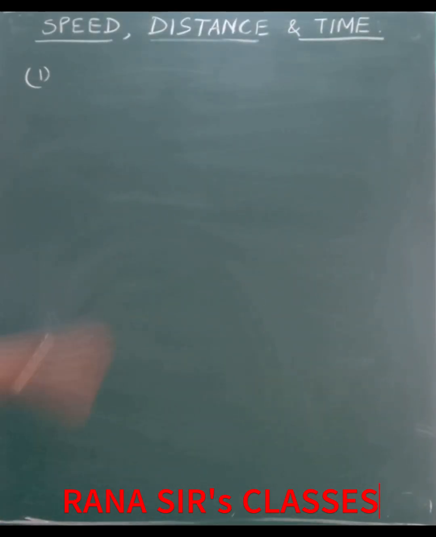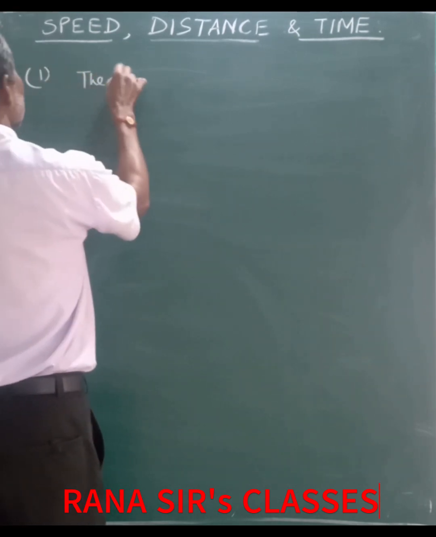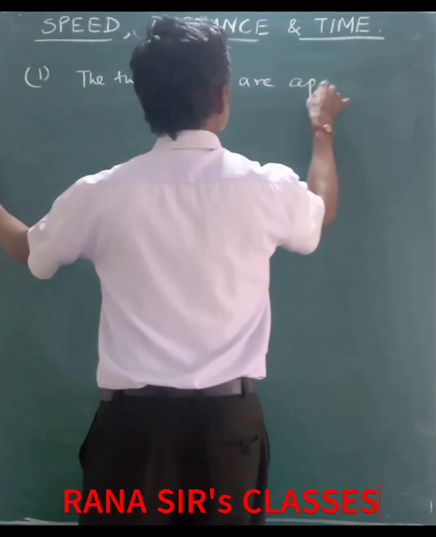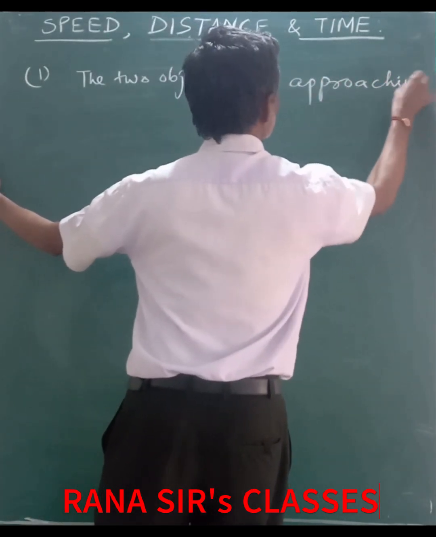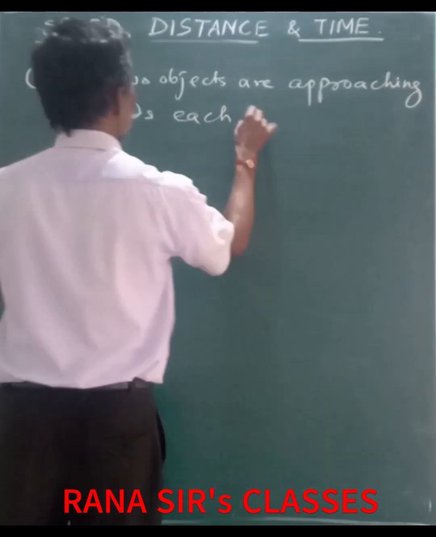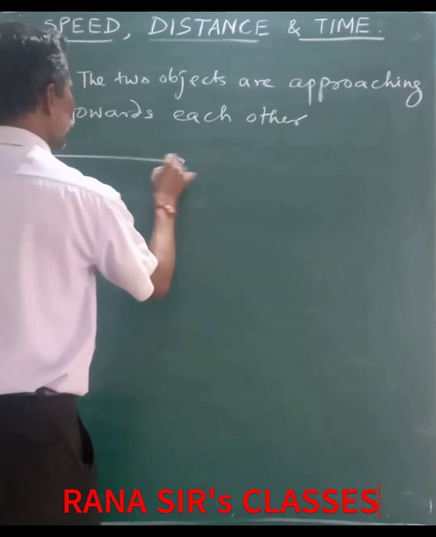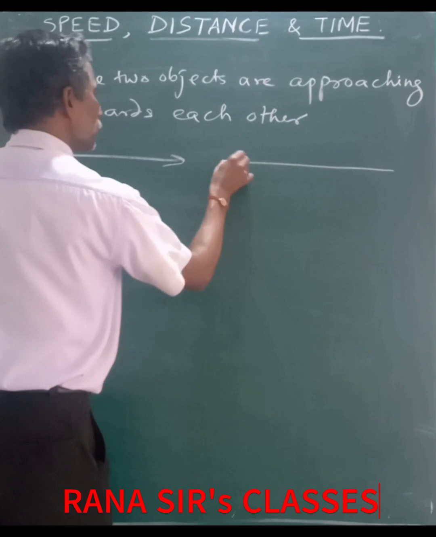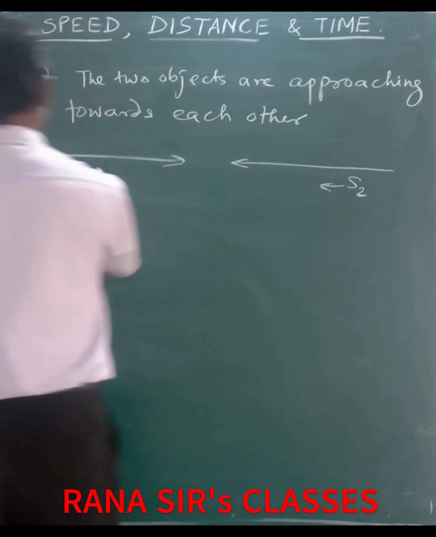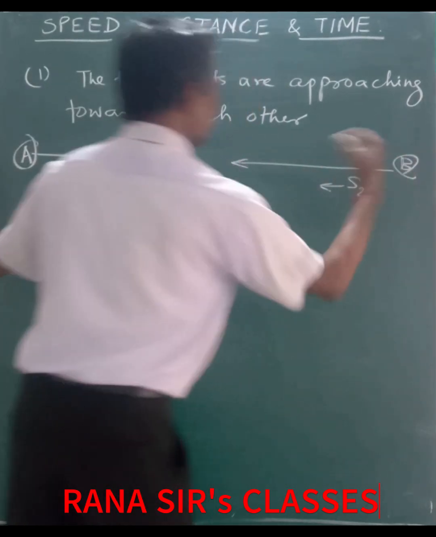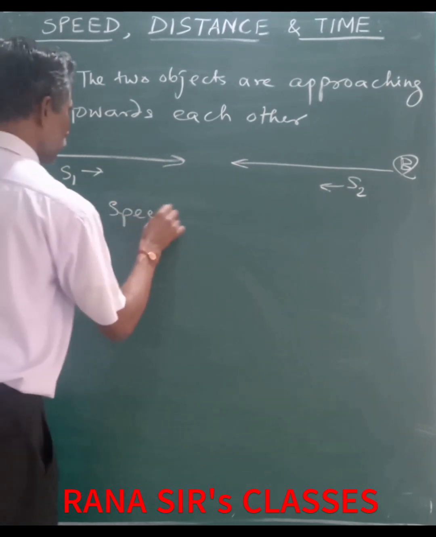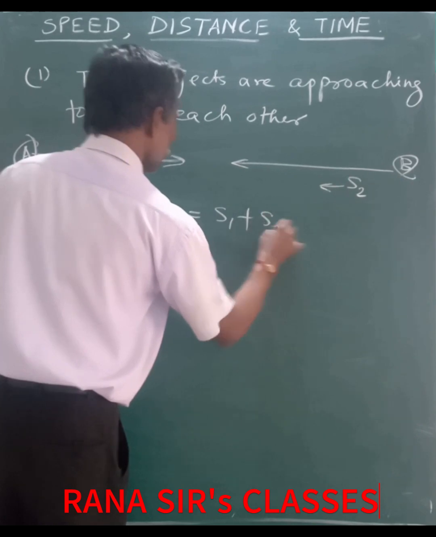If the two objects are approaching towards each other, that means one object is moving in this direction, another is moving in this direction. S1, S2. Object A, object B. Then relative speed is equal to S1 plus S2.